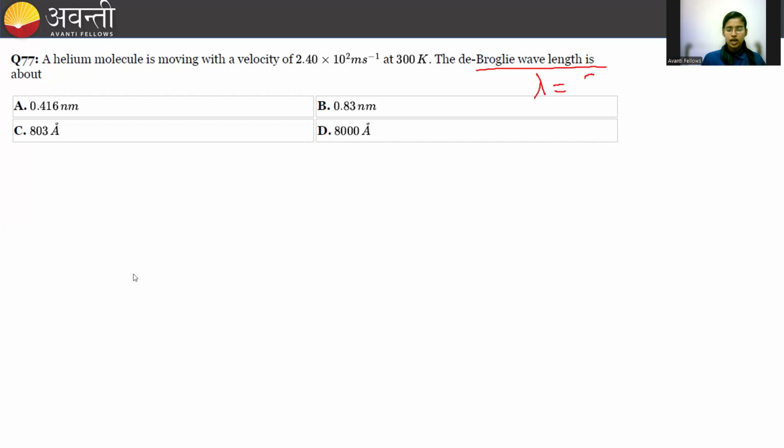So we are asked to calculate the lambda value, and the velocity is given, temperature is given. So now let me write the given value first. Velocity is equal to 2.4 into 10 to the power 2 meter per second, which is actually equal to 240 meter per second.